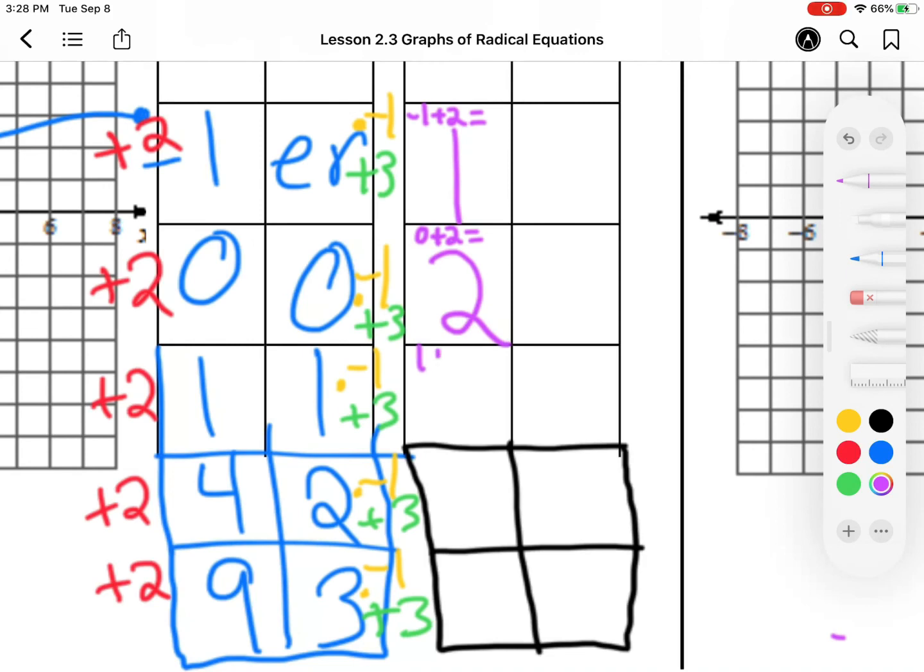I've got 1 plus 2 to give me 3. 4 plus 2 to give me 6. And 9 plus 2 to give me 11.